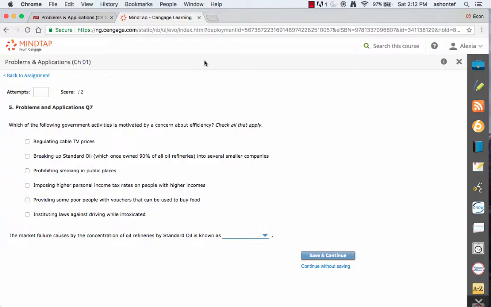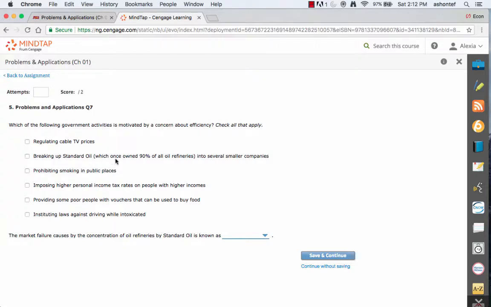So as you answer this question, you'll want to be looking at statements that have something to do with how well something is run. So regulating cable TV prices, we're looking at regulating something well. We want to be sure that prices are being regulated properly.